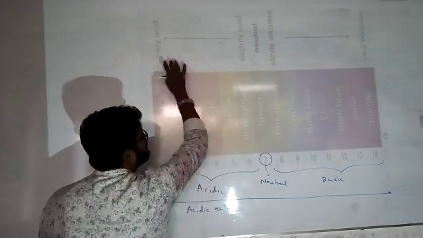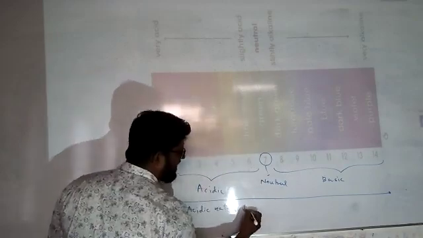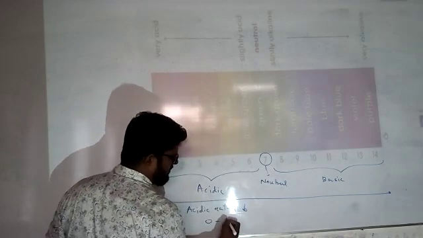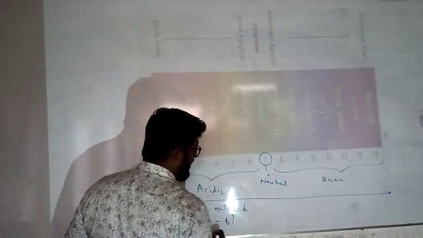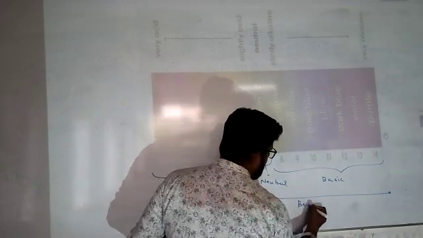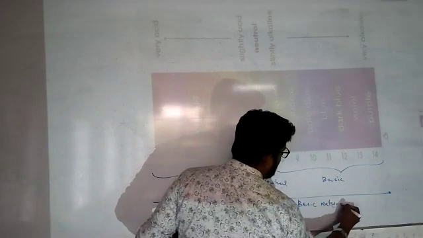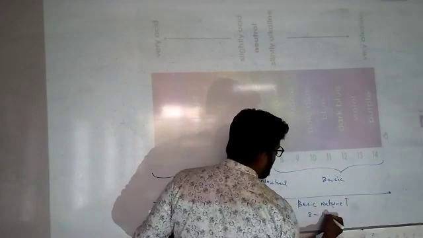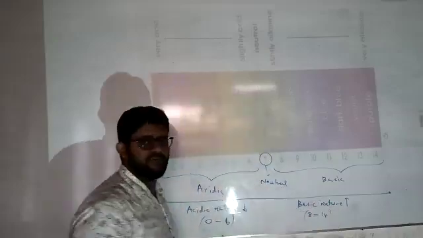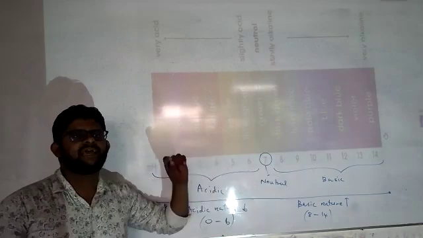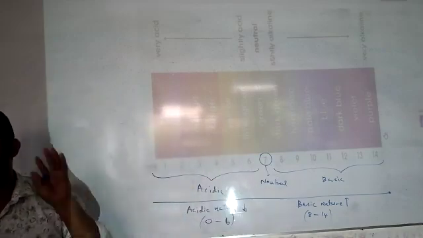Decreasing, right? Why? Very strong, weak. Acidic nature is decreasing from 0 to 6. And then basic nature is again increasing from 8 to 14. So this is how you find out if the component is strong or weak, acidic, basic.